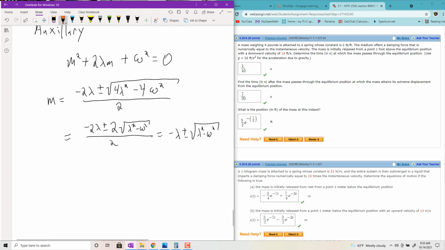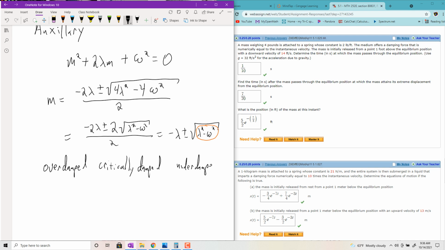And so what's going to happen is we look at this discriminant, and that tells us what kind of case we have. And again, there's three cases. There's the overdamped, the critically damped, and then there's the underdamped.